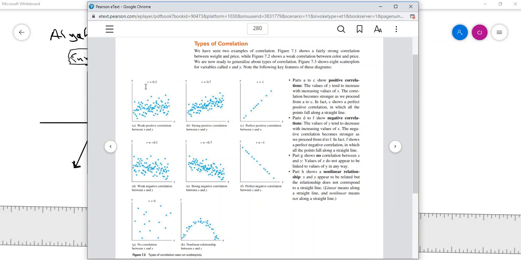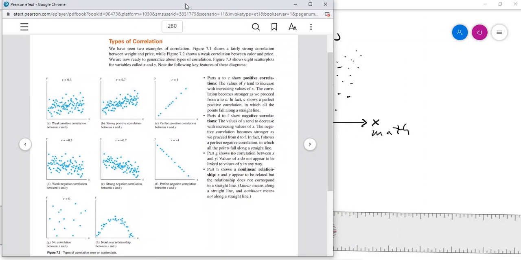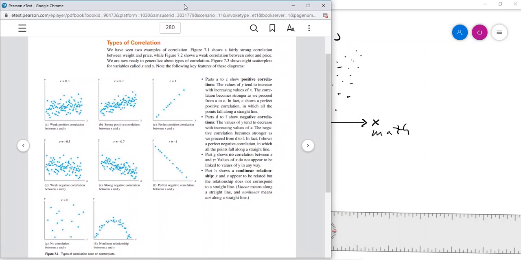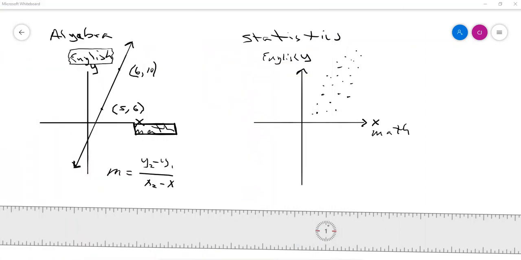So r equals 0.3. Now these numbers, 0.7, 1, negative 0.3, if you'll notice, they're all between -1 and 1. Okay, and I'll be kind of jumping back and forth on this.